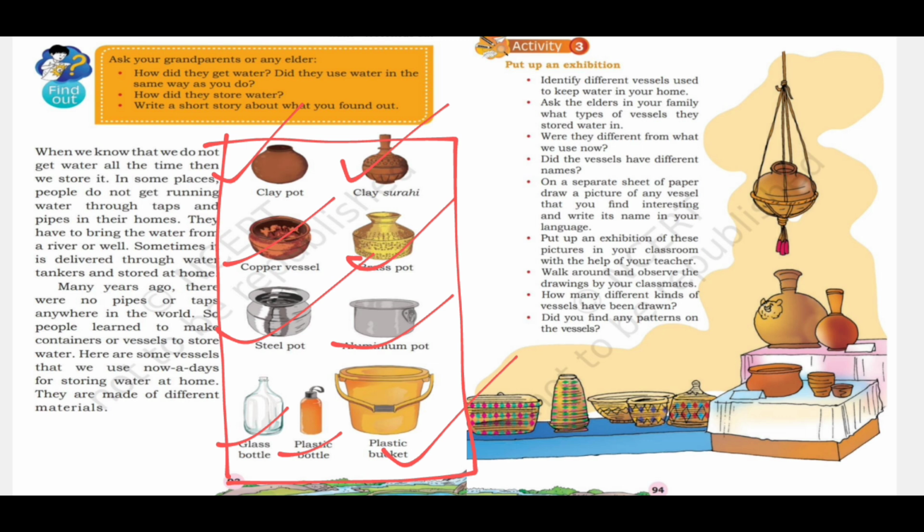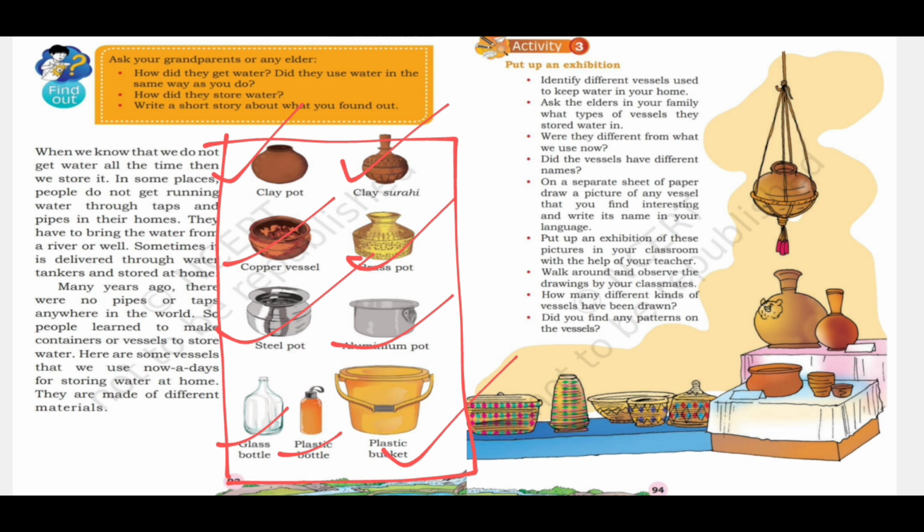Now the next page has an activity given to you. It's about an exhibition that you are supposed to prepare for. Let's read it, and all those who are interested in doing this exhibition can definitely give it a try. Put up an exhibition. Identify different vessels used to keep water in your home.